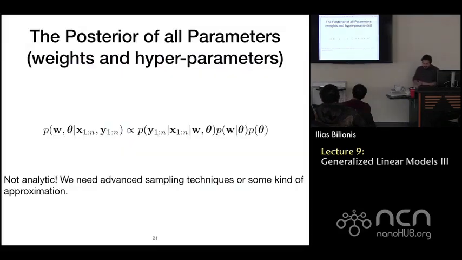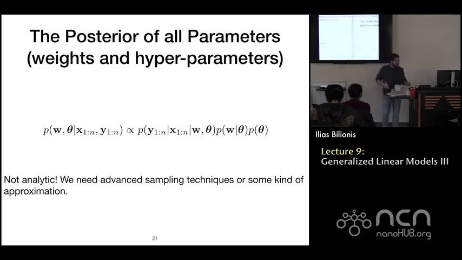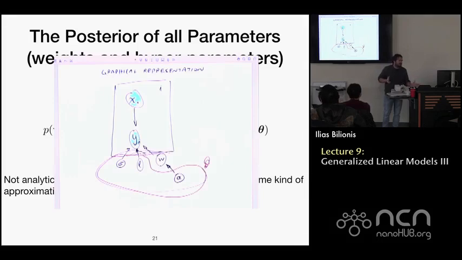All right. So here's what we do. We write down the posterior of the weights and theta together. We say, what do I think about W and theta after seeing all the data? And that's likelihood times prior. But again, you can just read it from the graph.